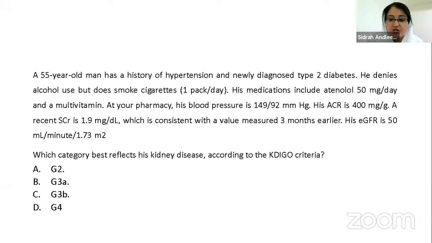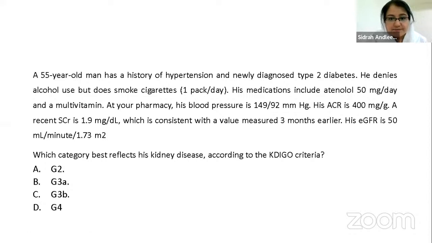At your pharmacy, his blood pressure is 149/92. His albumin creatinine ratio is 400 mg per gram. A recent serum creatinine is 1.9, which is consistent with the value measured 3 months earlier. His eGFR is 50 mL per minute per the standard BSA. So which category does he fall in?